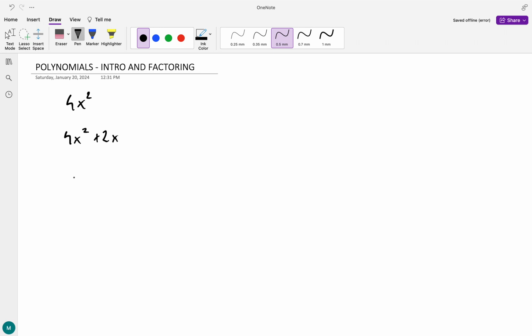Or we can have a trinomial, 4x squared plus 2x to the third plus 5x, and anything beyond 3 terms is simply called a polynomial because poly indicates many.